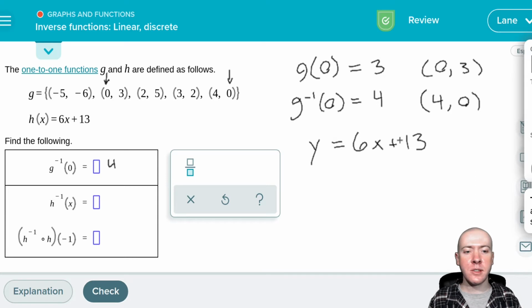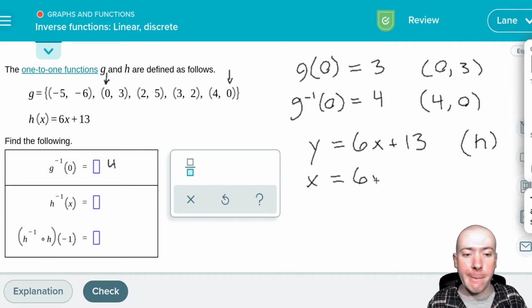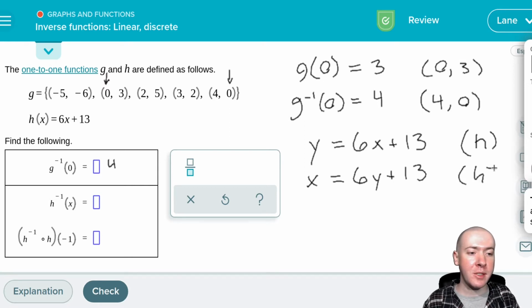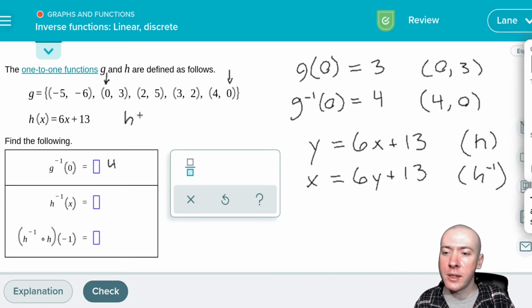This is the function h. Now, if we switch the x and the y, this is the inverse function, h inverse. We need to solve for y so that we can write it in the form that they want.